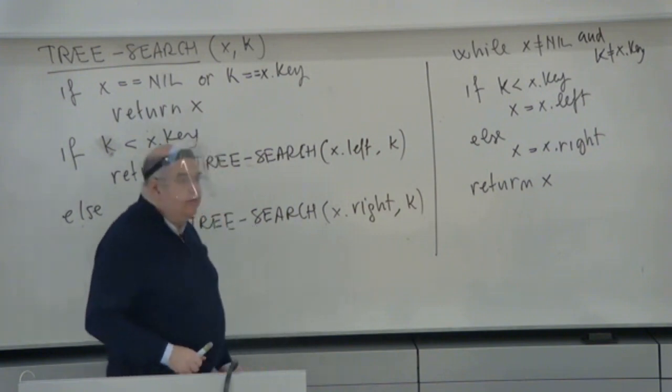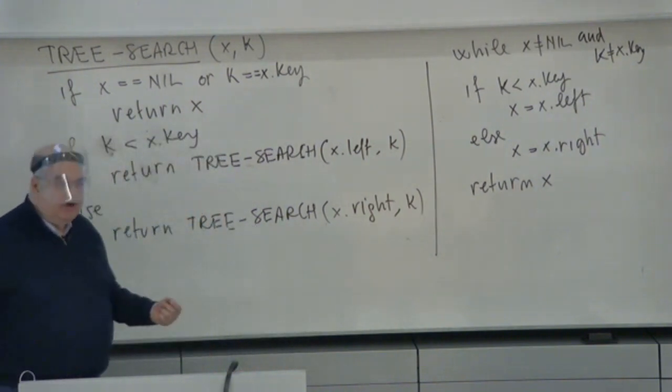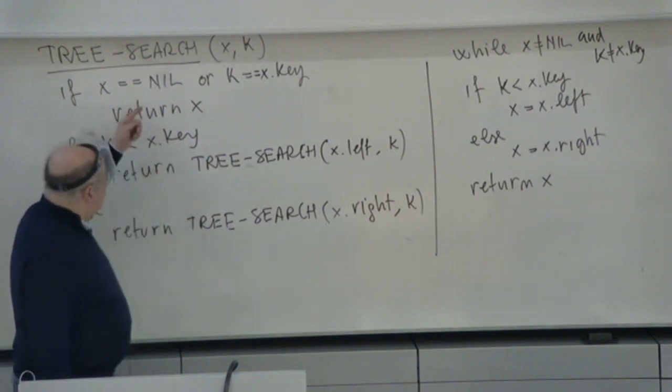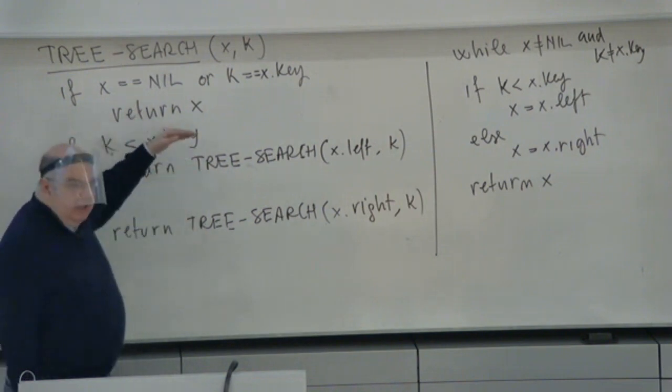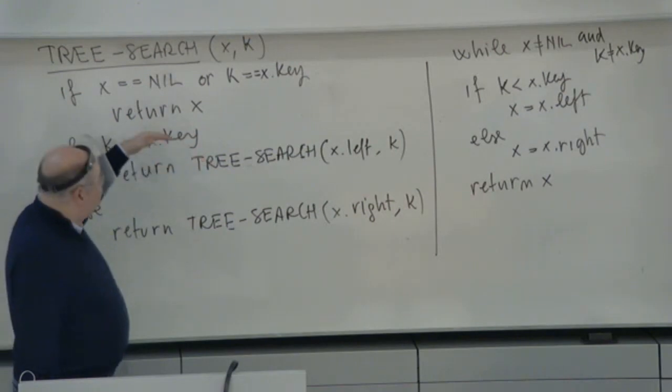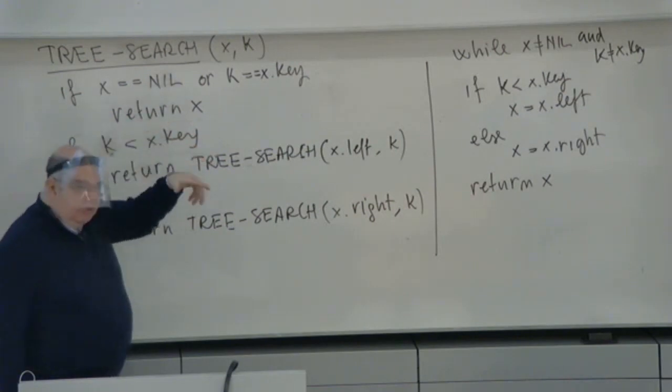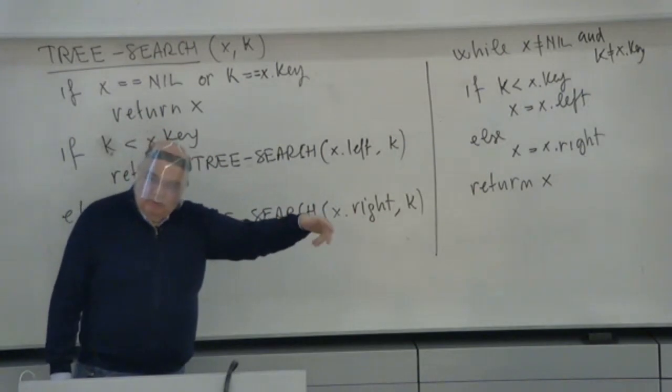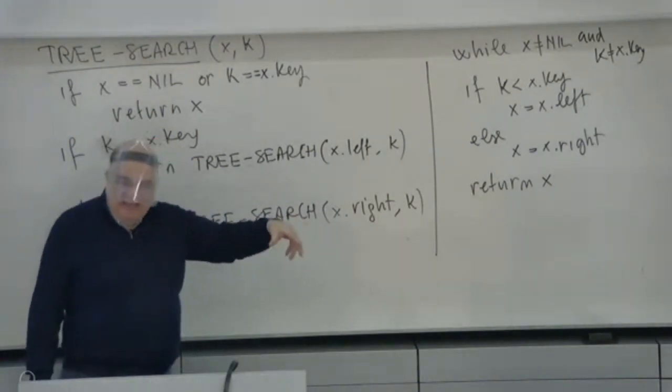You know that in the search for an item, what we are doing is going down from node x to its children, and then the children of its children, its grandchildren, and so on.